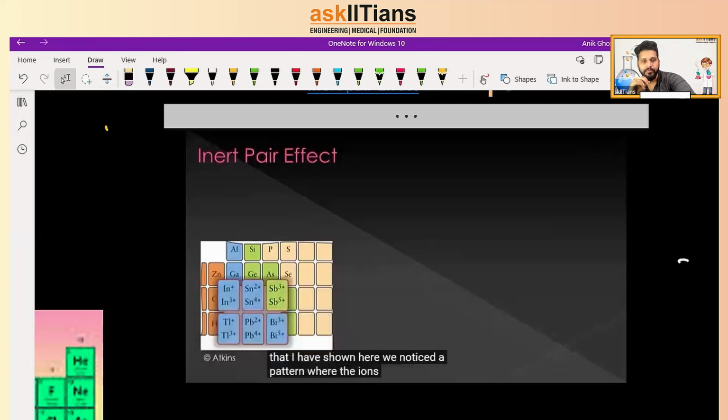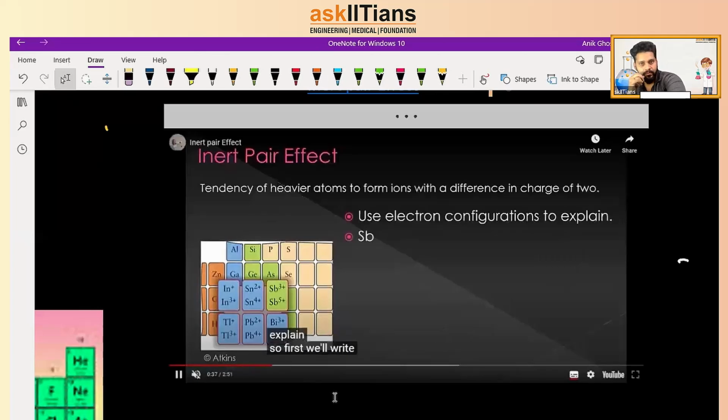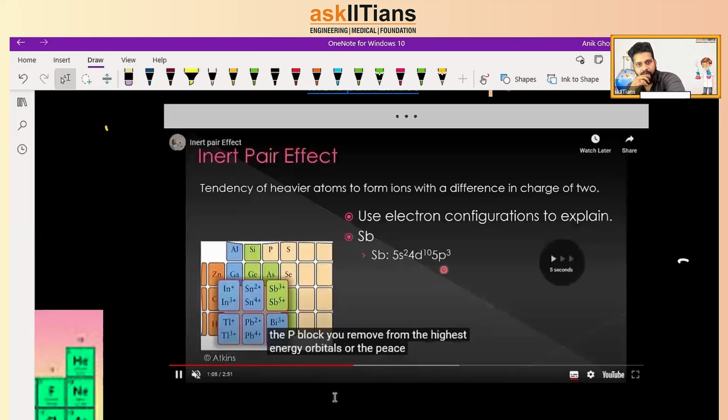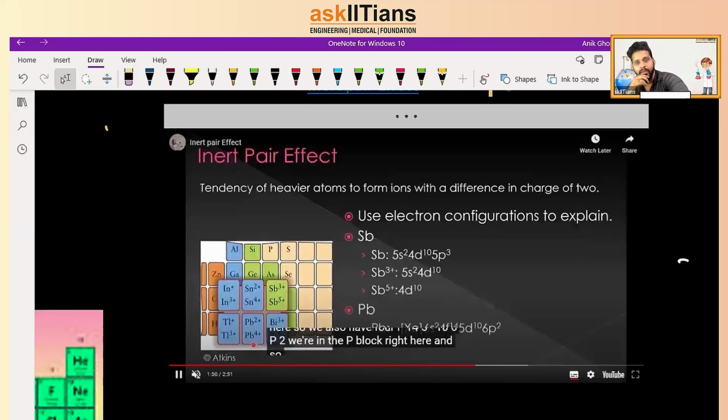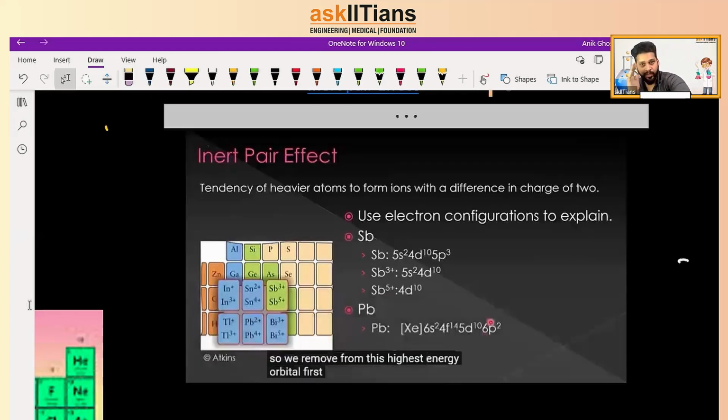They're saying the same kind of thing here. They're just taking antimony as an example, but we're going to take the lead example that I've been telling you about as well.